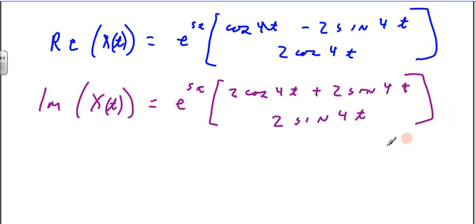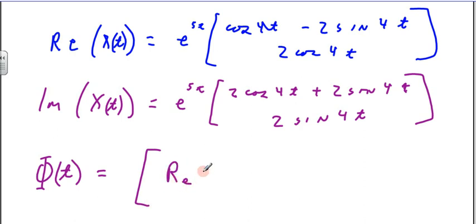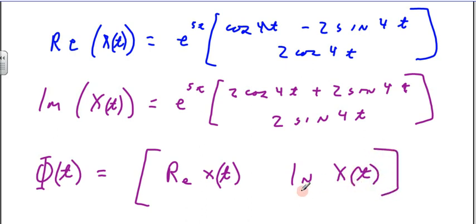All right, now what we're going to do next is find iota of t, and you're going to look through the book trying to find where the author told you to do this, and you're probably not going to find it, and it's going to be the real part of x of t and the imaginary part of x of t. So that's what you're going to do.